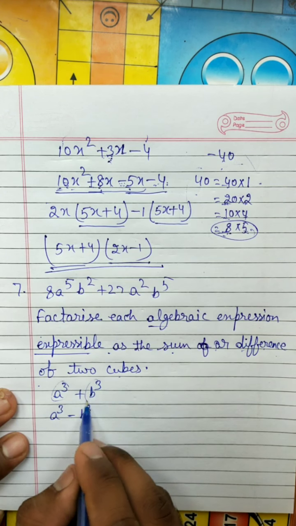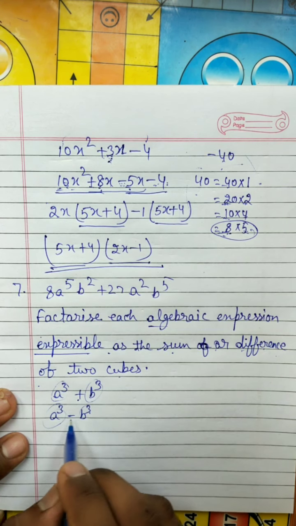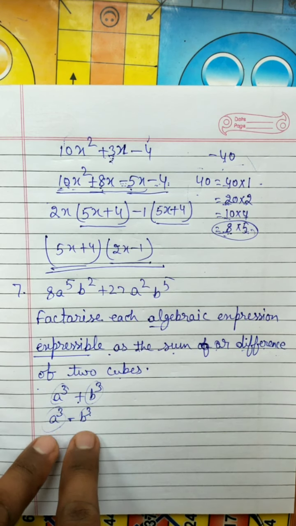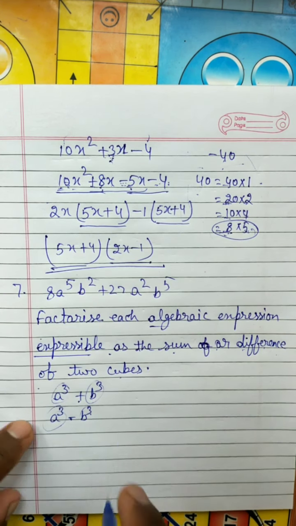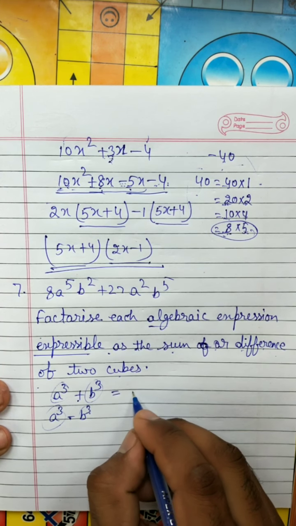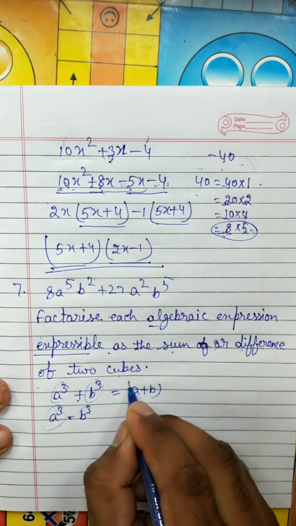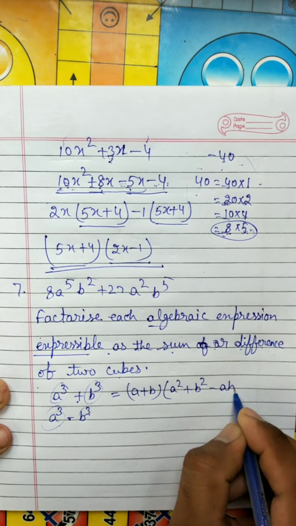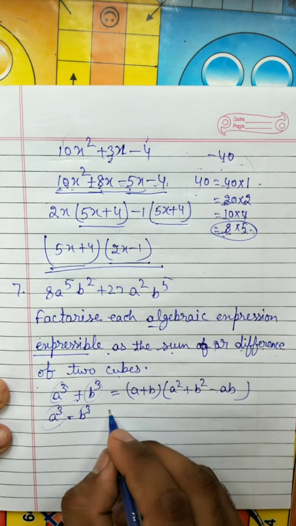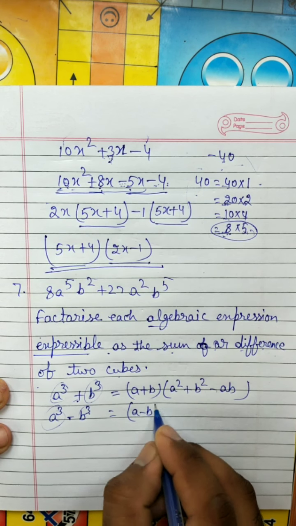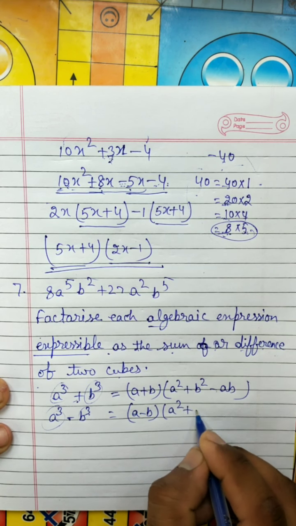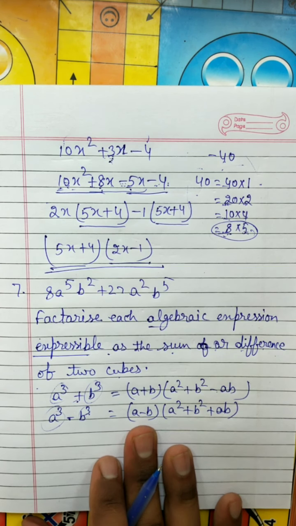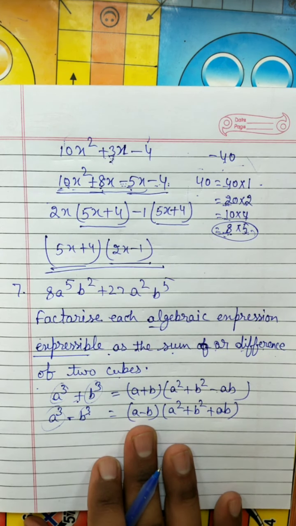This expression will be expressible as this, meaning this part is given and this is equal to, as we have, you need to remember the identity, that is a square plus b square minus ab. If it is plus, then minus will be here. If it is minus, a minus b, a square plus b square plus ab. These are the 2 identities which will be applicable in all parts of the 7th question.